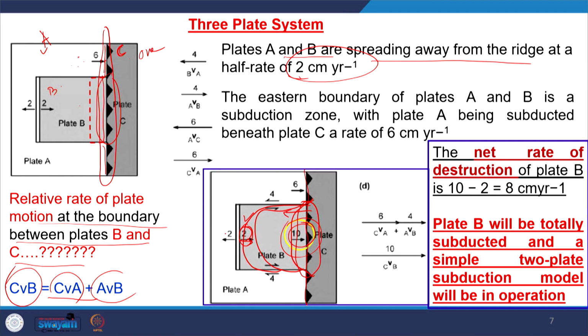That is why the subduction zone shifts towards the west at a faster rate, and plate B will be totally subducted and a simple 2 plate subduction model will be operational. Plates A and C will remain and plate B will be consumed from the system. In this way, many times in geological past plates have been totally consumed without leaving any trace, and some have traces existing nowadays.